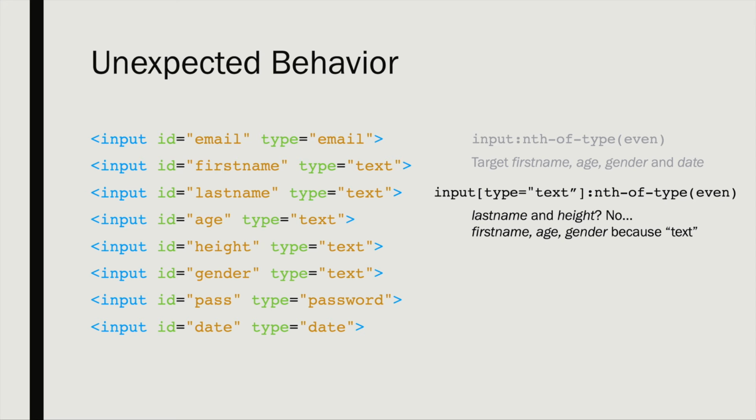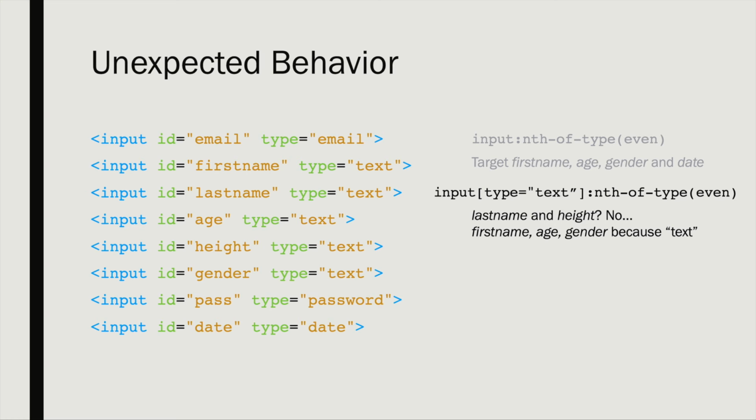Input type equals text. Now this is using the same concept as before with the selectors using the classes, but instead we're using the attribute of type. In this case, we're saying type equals text and then nth-of-type even. Well, shouldn't that select last name and height? Not really. It's going to select the first name, age, and gender because of the text value.